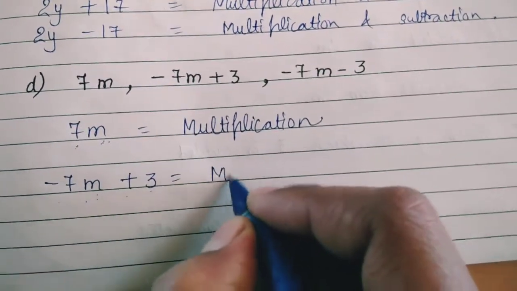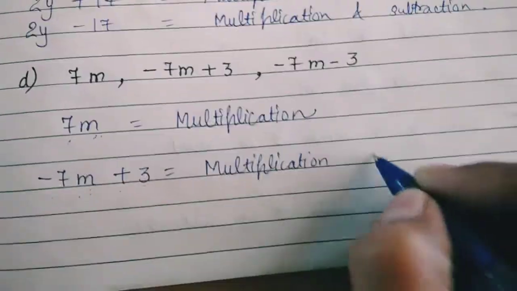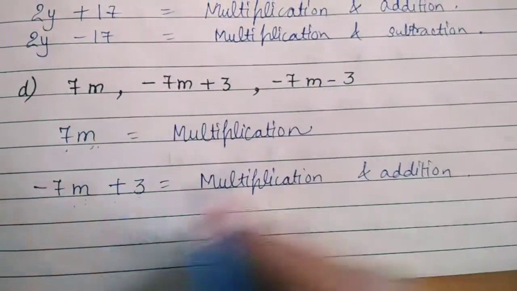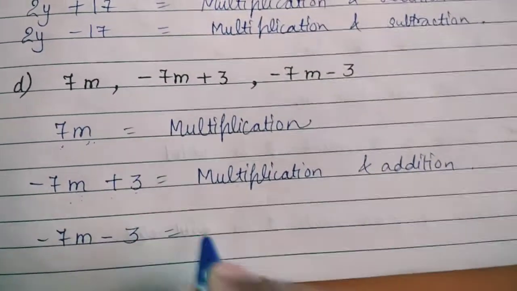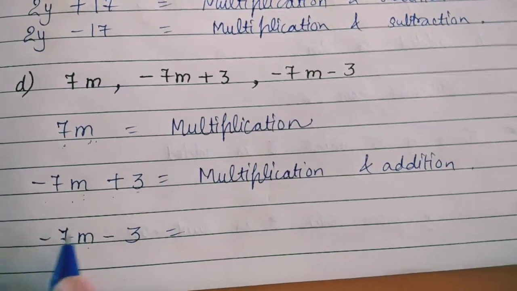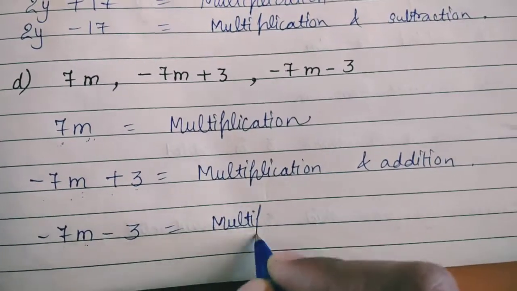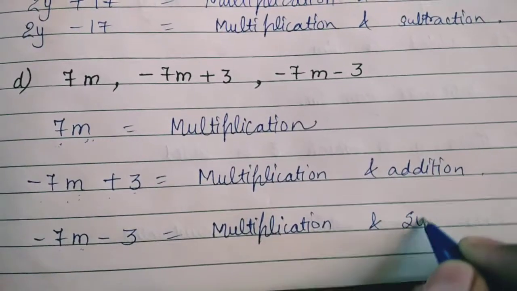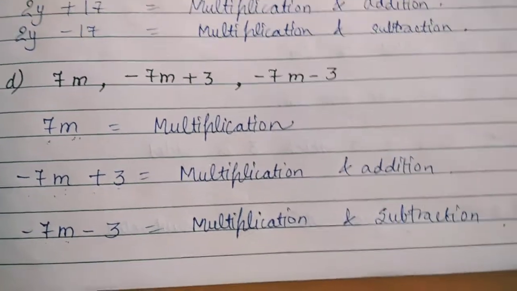So simply multiplication and addition. And the last one is minus 7m minus 3. In the multiplication of minus 7 and m, 3 is subtracted from it. So its answer is multiplication and subtraction. So here we completed question number 3.